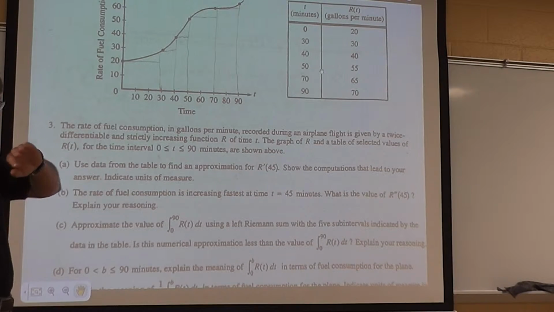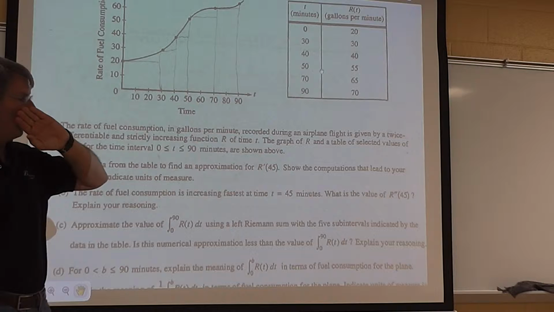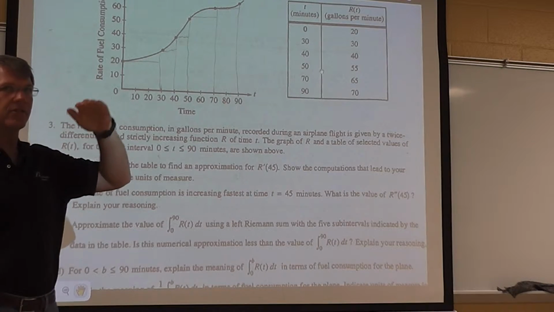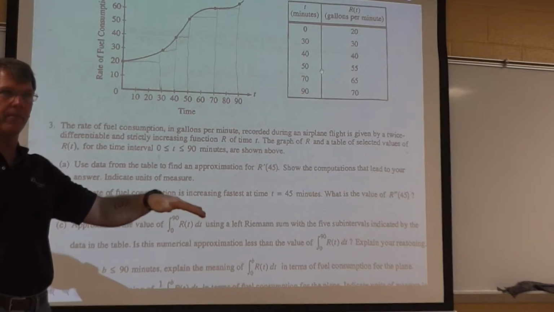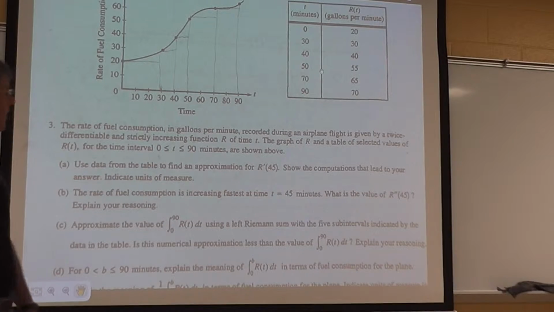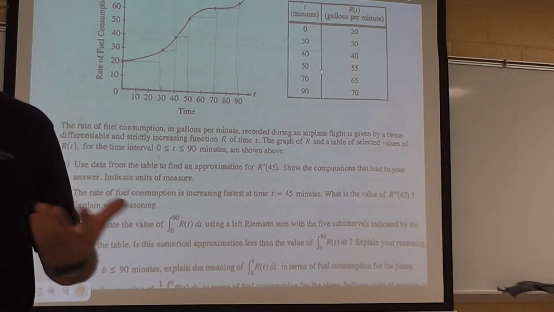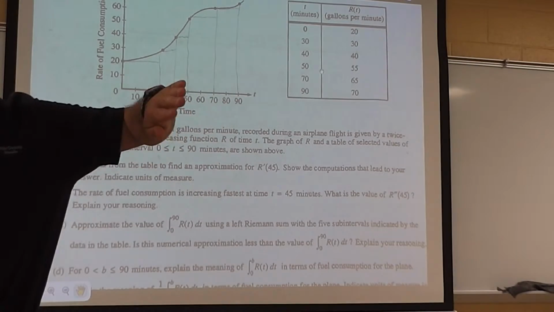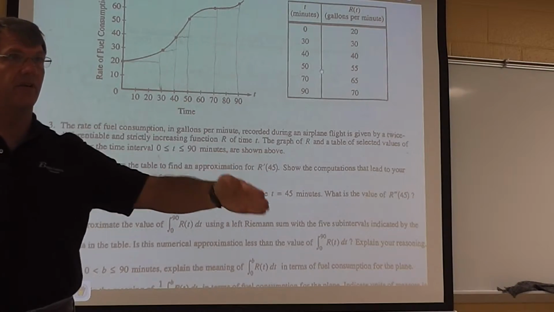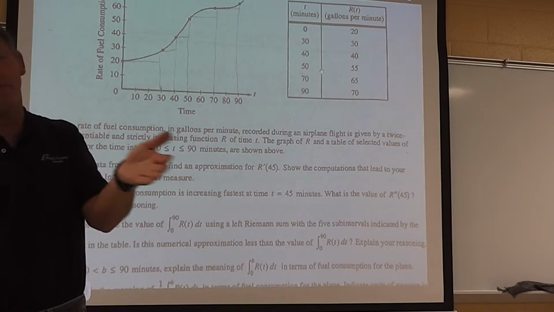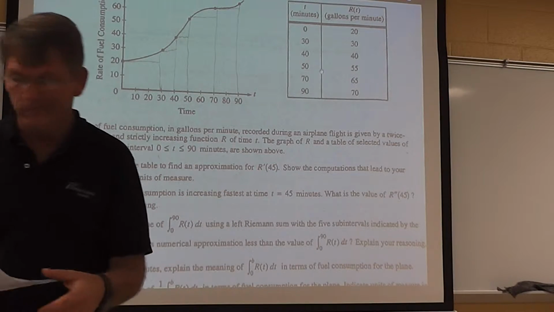There's a way the plane could be using fuel at a faster rate at one point and slower rate at another point. That could be true. But anyway, they told us it's always increasing, which is going to be necessary to know if this is an over or under approximation. Because if it changes, increasing and decreasing, we're always using the left, well, some of them will be under and some of them will be over.